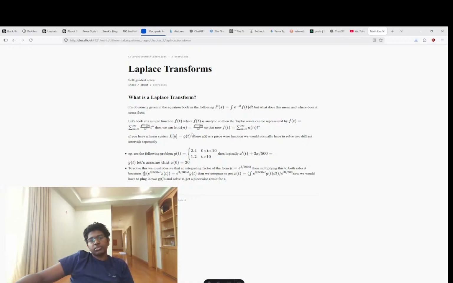Power series basically means that you're taking basis functions t to the n and building f of t using coefficients and discrete expansion.